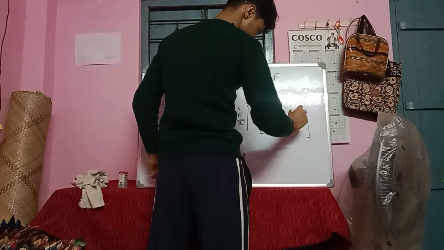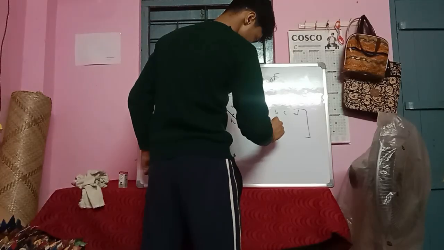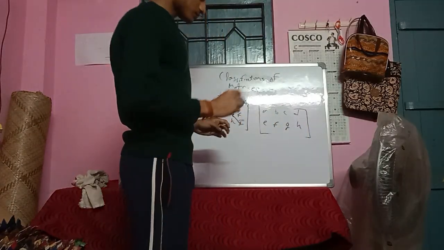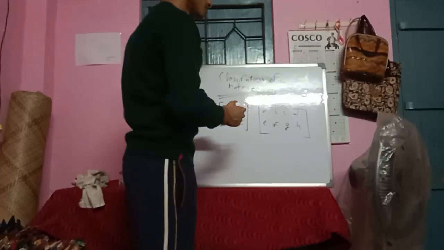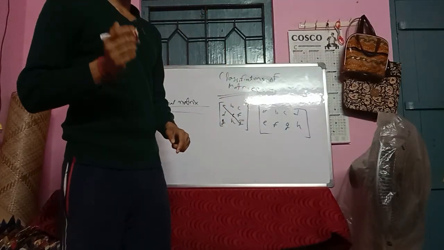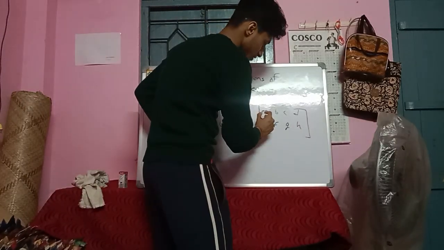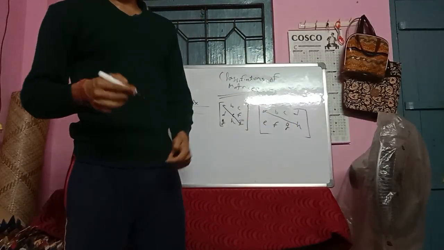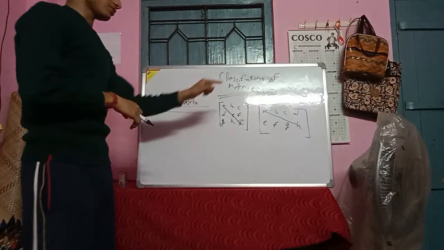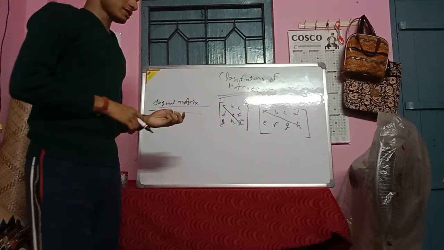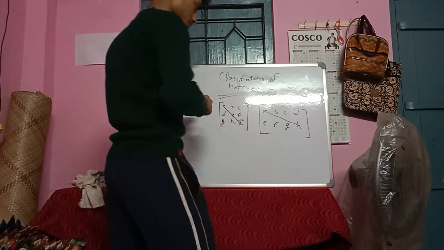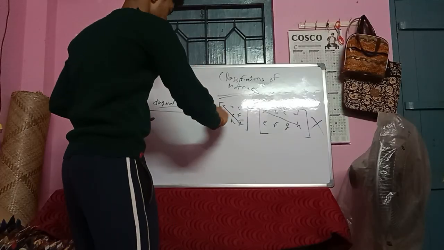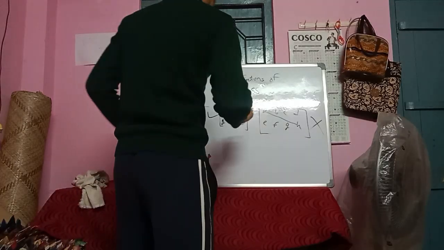A, B, C, D, E, F, G, H. Now you can say that I can form a diagonal here too by connecting A and H. This would have made sense if this was just a regular rectangle, but since it's a matrix, this wouldn't make any sense. No, this is not how things are.